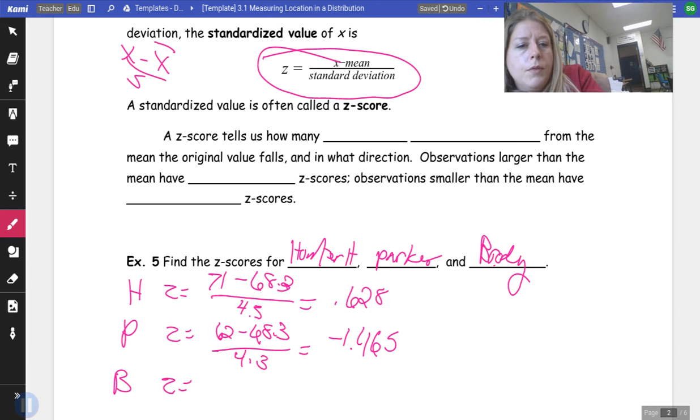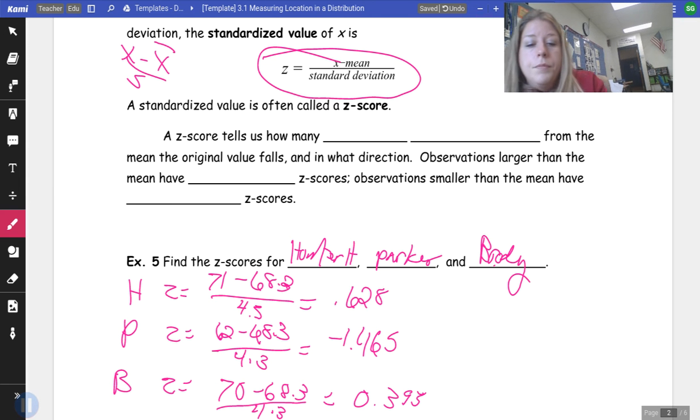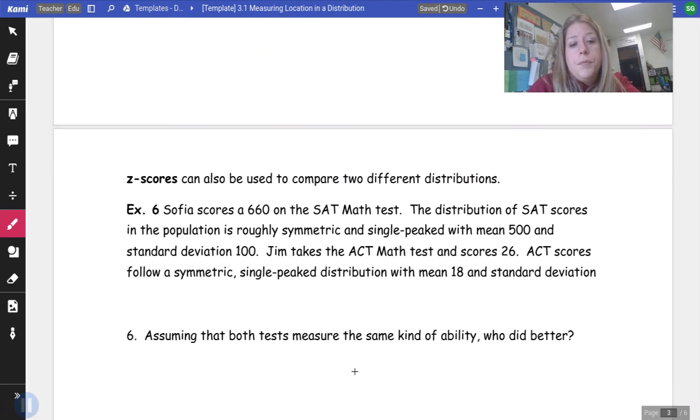And Brody's was very similar to Hunter's. 70 minus 68.3 divided by 4.3 ended up being 0.395. So you can tell quickly that Brody is closer to the mean than Hunter was.